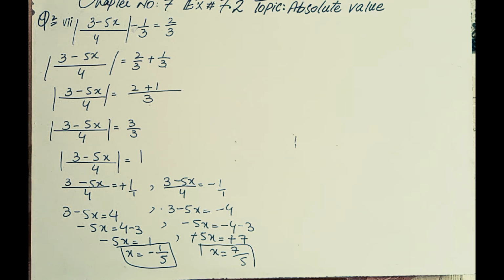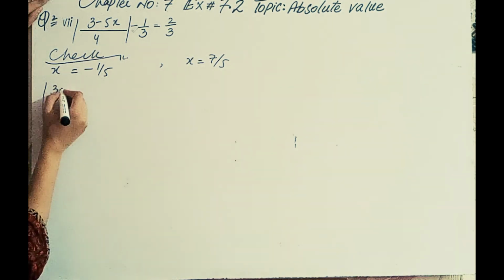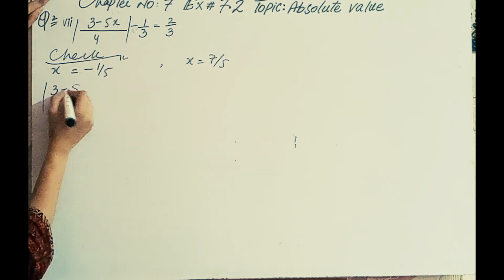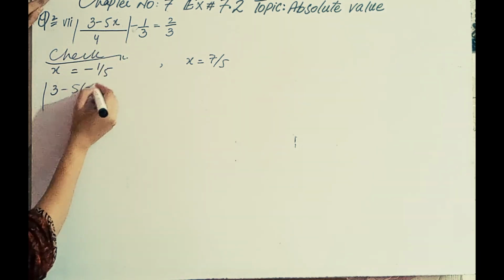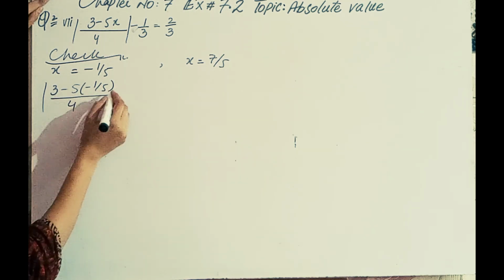Now we have to check both of these values. While checking, first we will put minus 1/5. 3 minus 5, in place of x we will put minus 1/5, this is divided by 4.